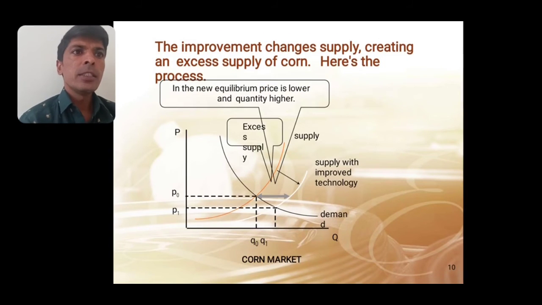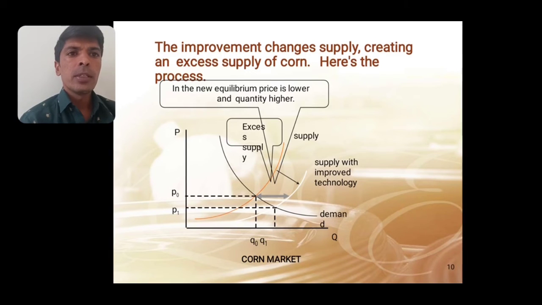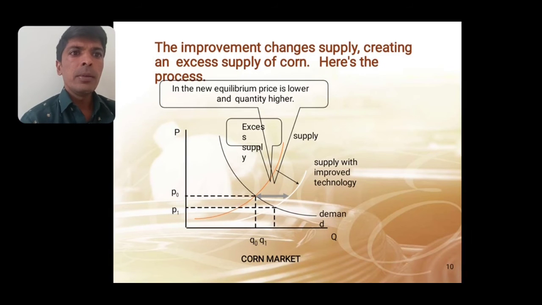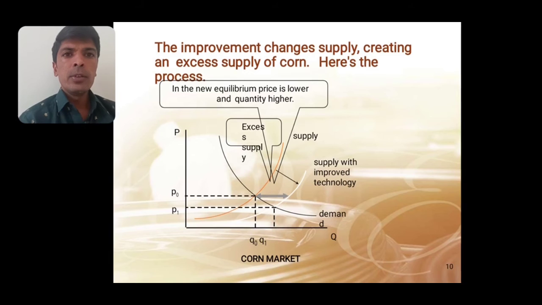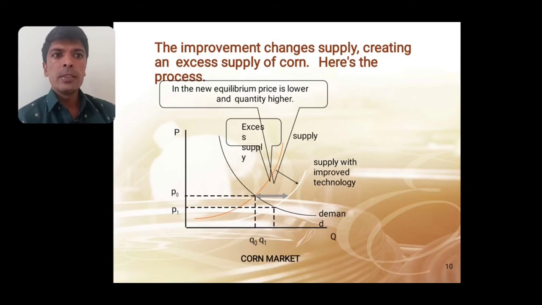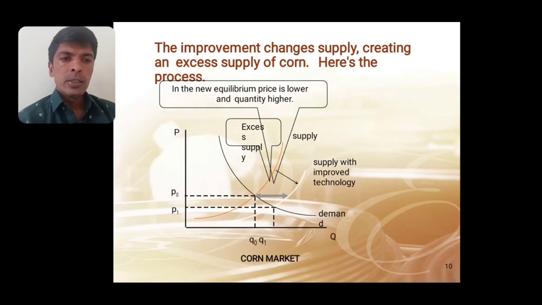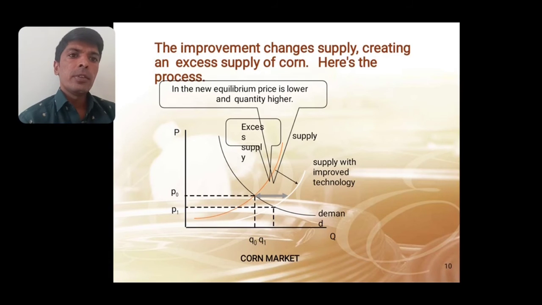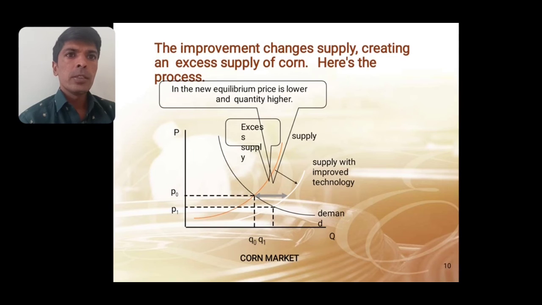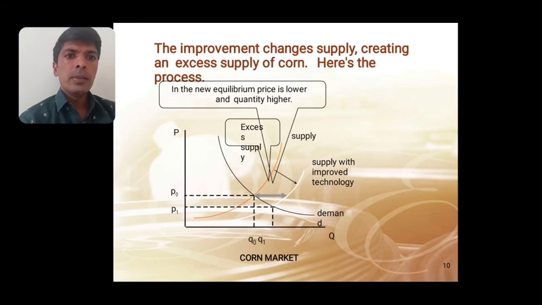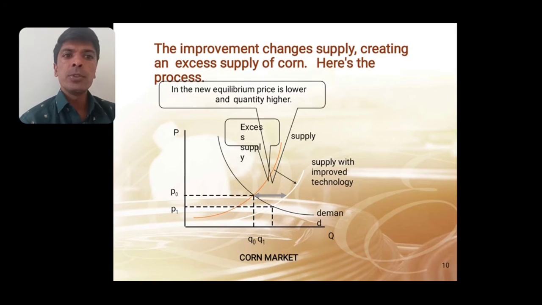The improvement changes supply, creating an excess supply of corn. Here's the process. Due to technology, there will be more supply, and we know when supply increases, price decreases. Here we will try to understand this process. When price is P0, then quantity demanded of corn is Q0.